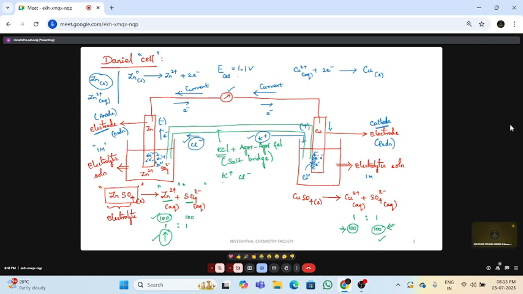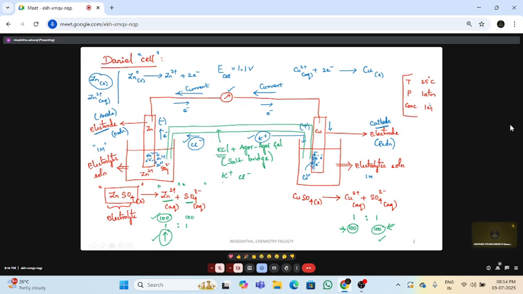And the cell is in the standard condition. See, they'll ask you the standard condition of a cell. Standard condition is nothing but we have to specify the temperature, pressure, and concentration. Temperature has to be 25 degrees Celsius, pressure has to be 1 atmosphere, and most importantly, the concentration of the electrolytic solution has to be 1 molarity.